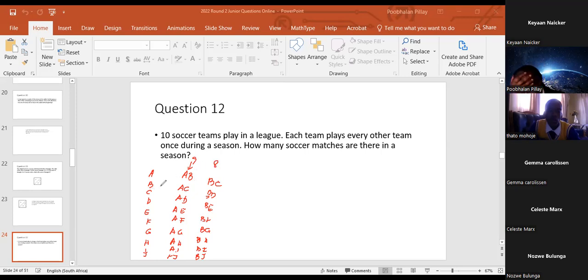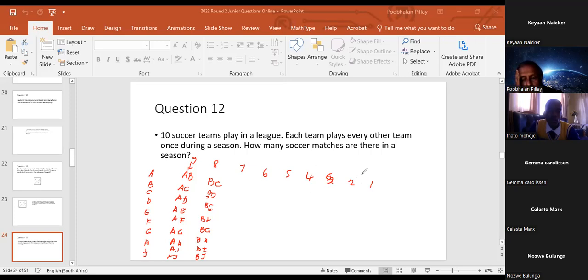Once you discard A, you've got 8 matches for B. And if you try C, you'll see that you've got 7 matches because now you must discard both A and B. Those are already counted. So for C, you will have 7 matches. For D, E, F, G, it goes 7, 6, 5, 4, 3, like that.